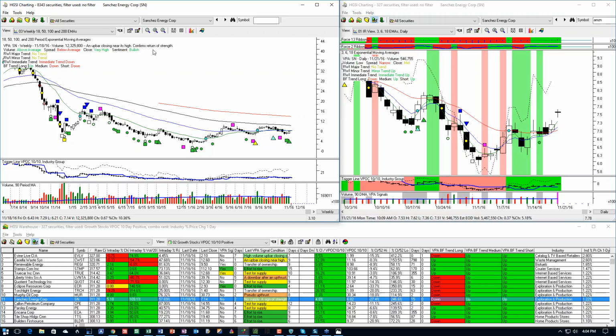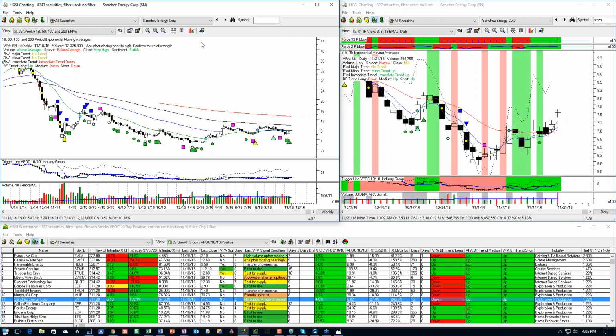Today is an up bar closing near its high. That confirms the return of strength seen last week after a downtrend. So this is only today, but it is generating this on the weekly bar anyway.